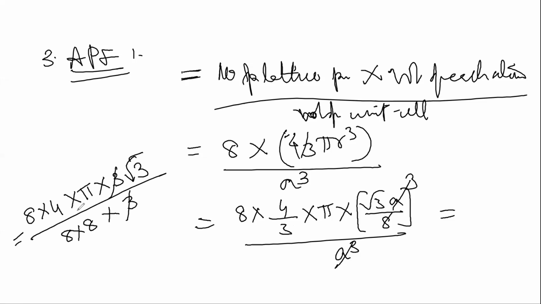So 3 gets cancelled, 8 gets cancelled, 4 twos are 8. So I'll get root 3 pi by 8 into one more 8, that is, 2 into 8, I'll get 16. Root 3 pi by 16 is nothing but 0.34.